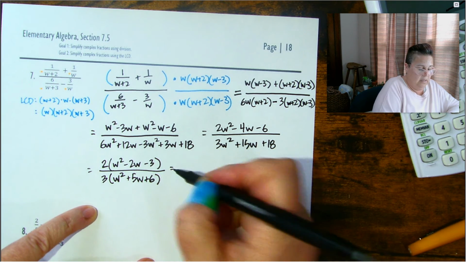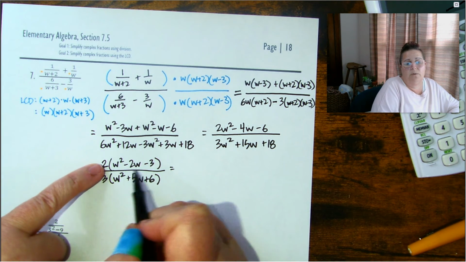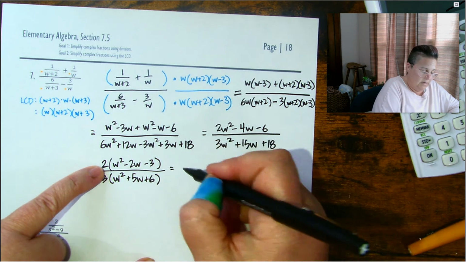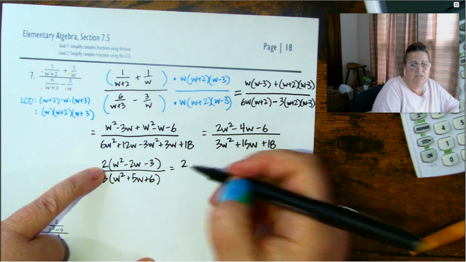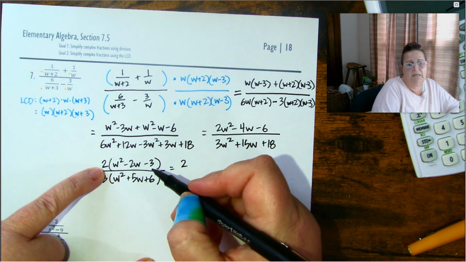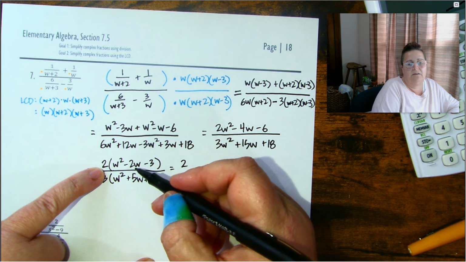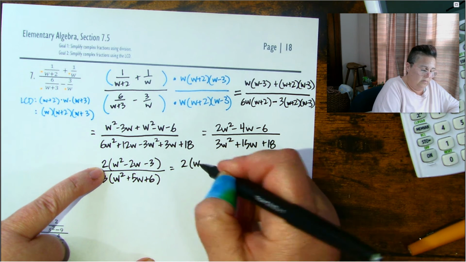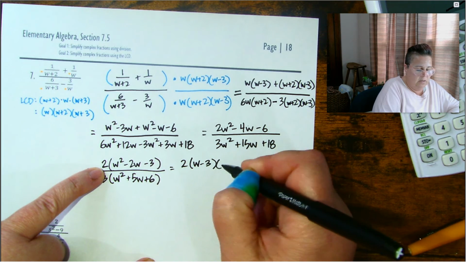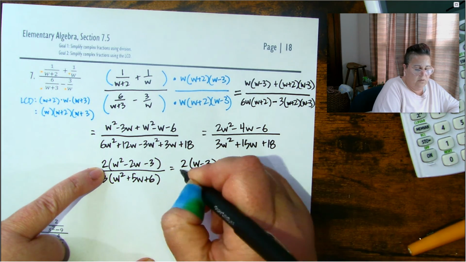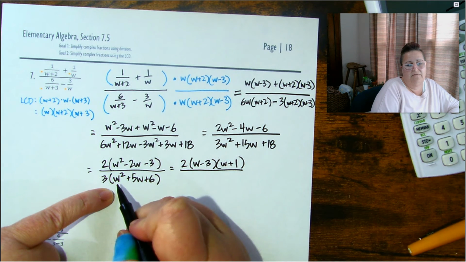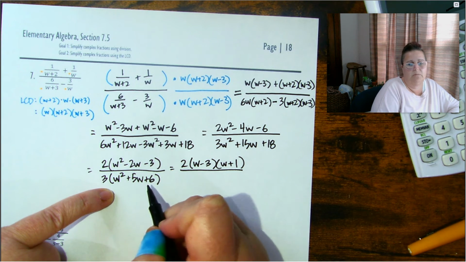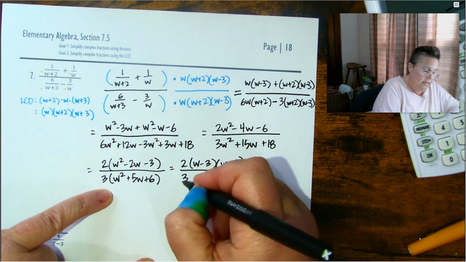Okay. Can I factor w squared minus 2w minus 3? I can. W squared minus 2w minus 3 multiplies to give me a negative 3, adds to give me a negative 2. So that's going to be w minus 3, w plus 1. This one, can I factor w squared plus 5w plus 6? I can.